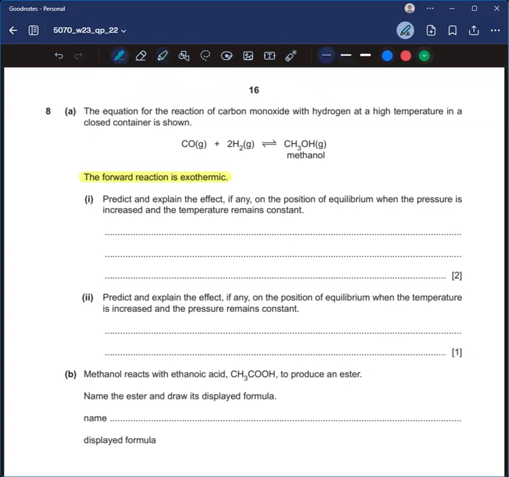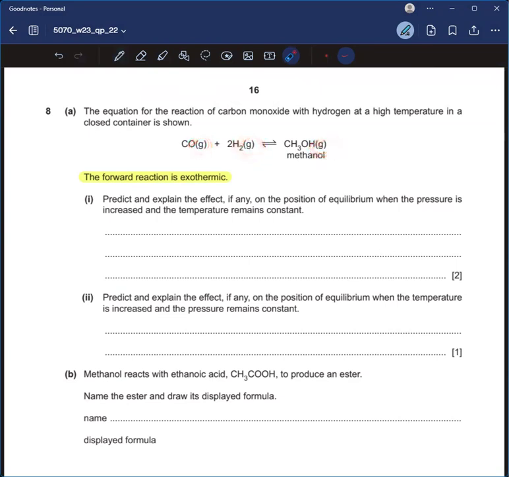While answering such questions, where the pressure is varied, whether increased or decreased, we have to look at the given equation and just look at the gases only, not the solids or liquids. So here in this equation we have our gases.